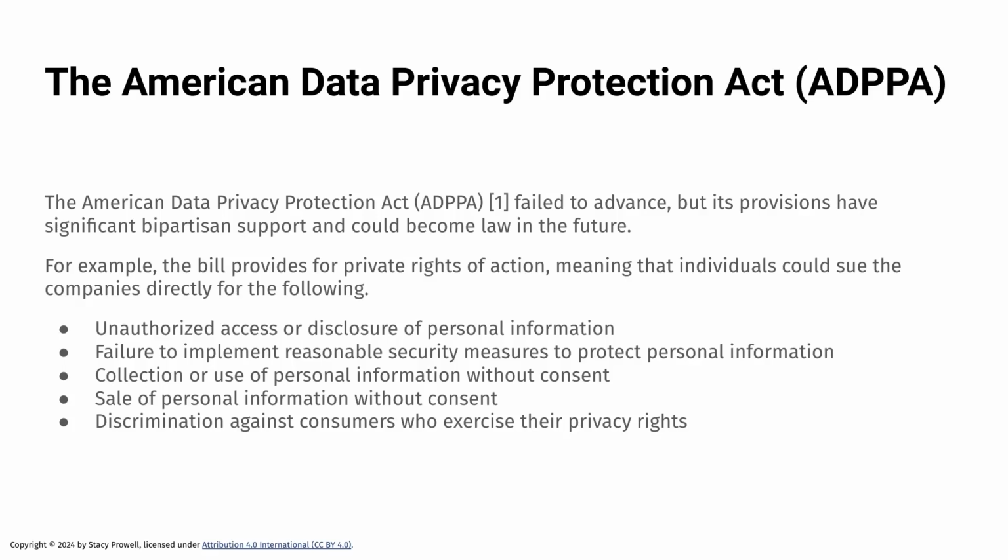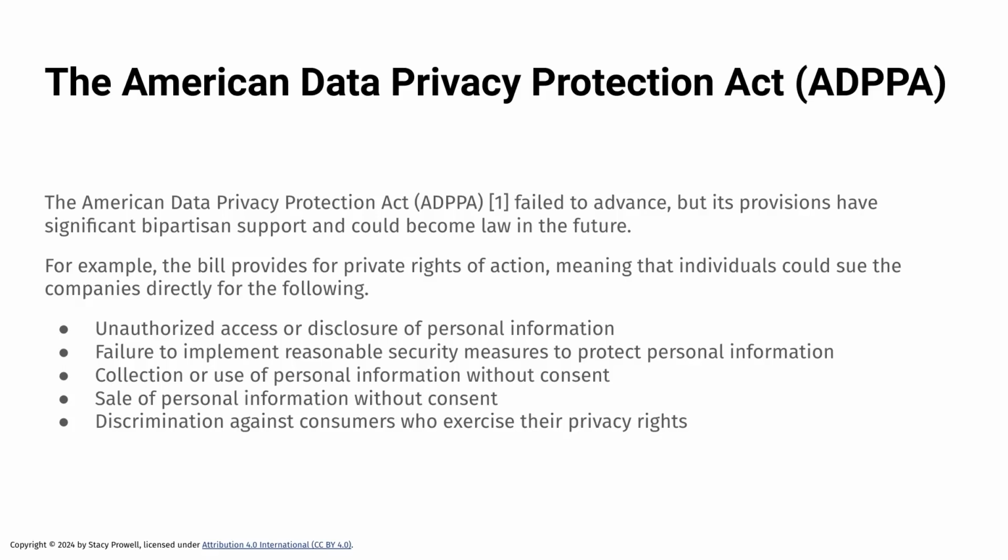The bill provided for private rights of action. Now, what does that mean? That means that it's not just a law which says, go do this or we'll fine you or punish you. This says if they do these things, you can sue them, right?